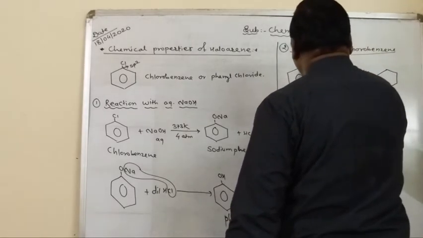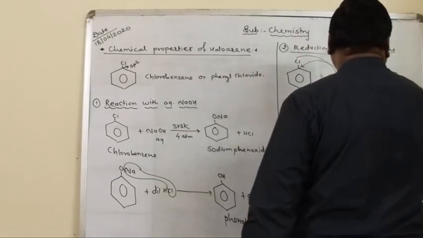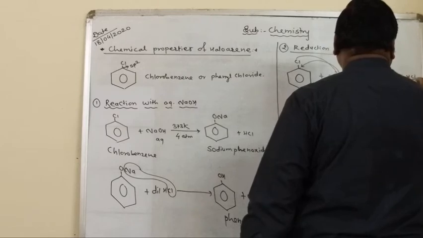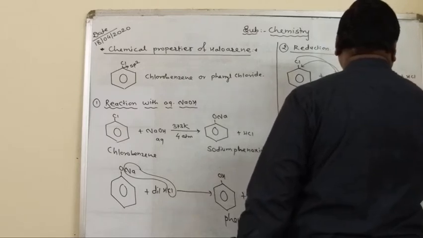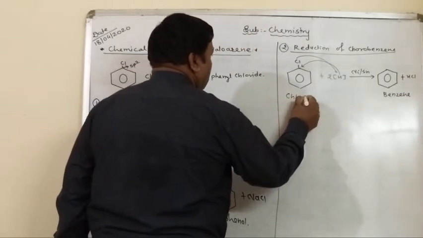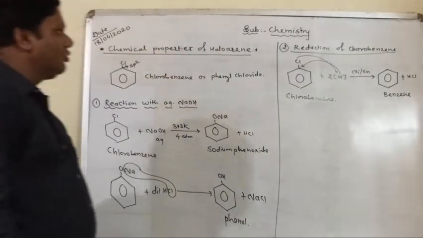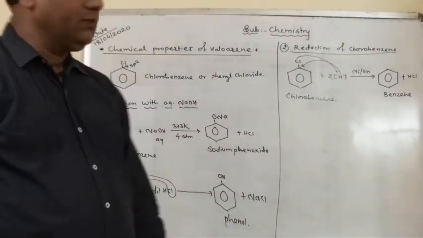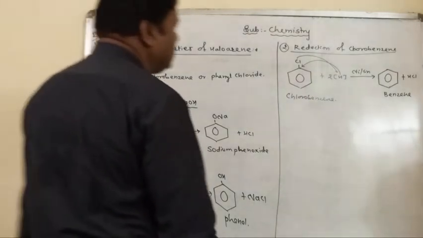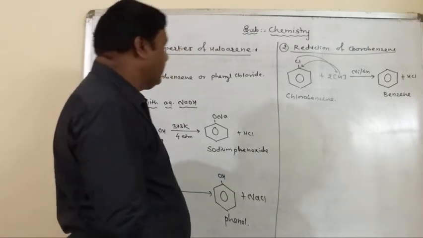One hydrogen attacks here and another hydrogen attacks this chlorine, so you will get benzene plus HCl from chlorobenzene. When it is reduced, that is called reduction. Reduction means addition of hydrogen. Is it clear?